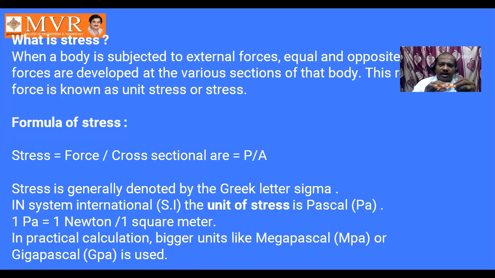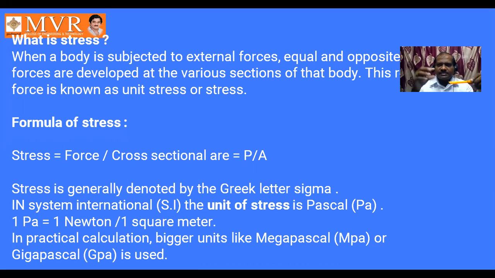If forces are acting in opposite directions on a plane, one in this direction and the second in this direction, that is called a shearing force. So this is how forces can broadly be classified.